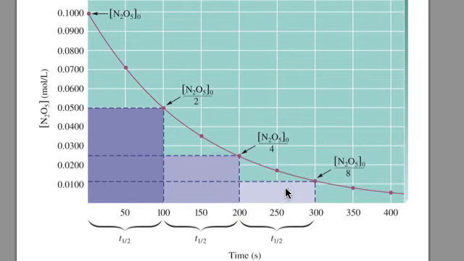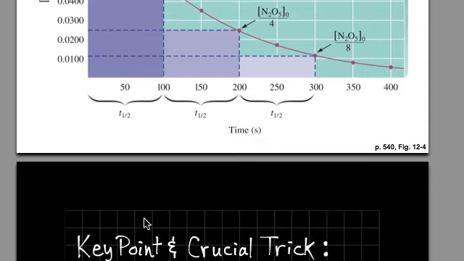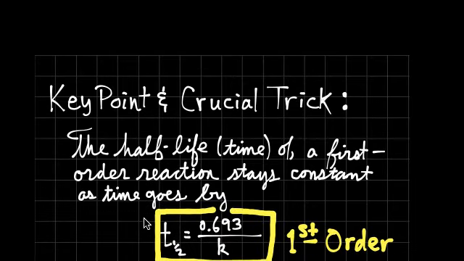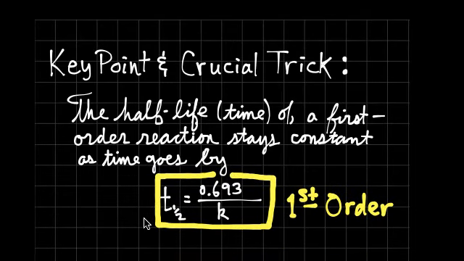And I see that indeed the half-life time stays the same across the board. So 100 seconds, 100 seconds, 100 seconds. If the half-life stays constant across time, then that's another way of knowing that it's a first order decay.